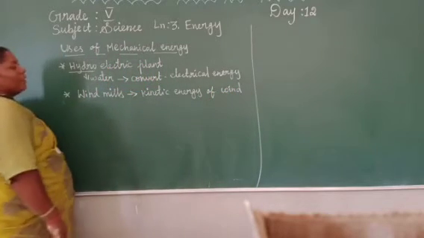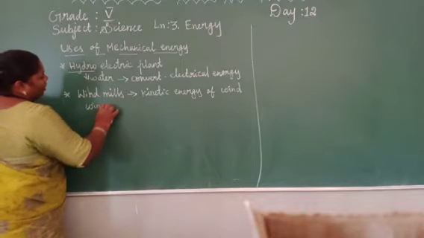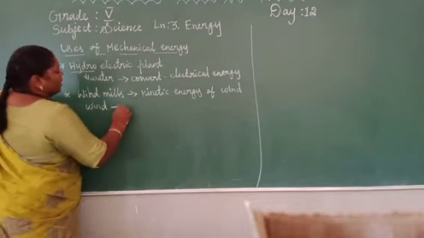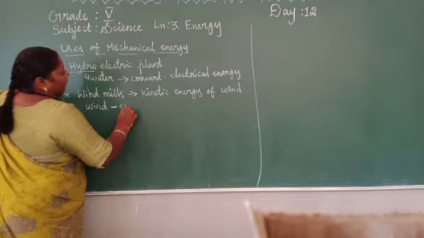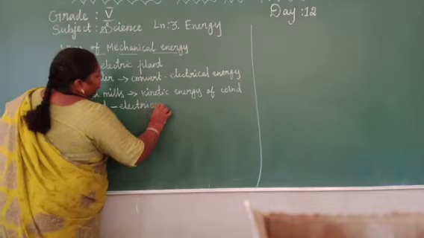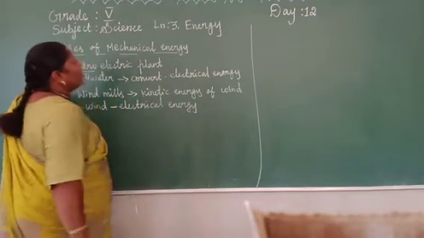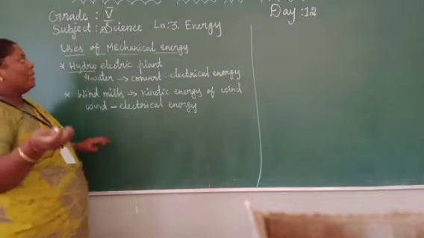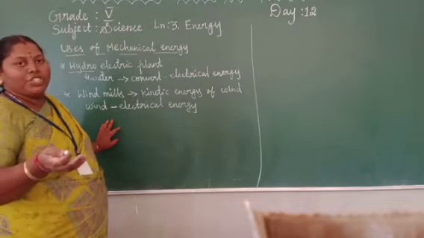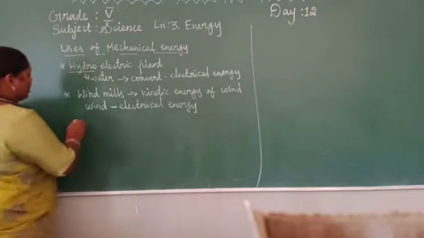So the wind is converted into electrical energy. Are you clear? So this one is converted from mechanical energy or potential energy. This is one of the uses of mechanical energy.